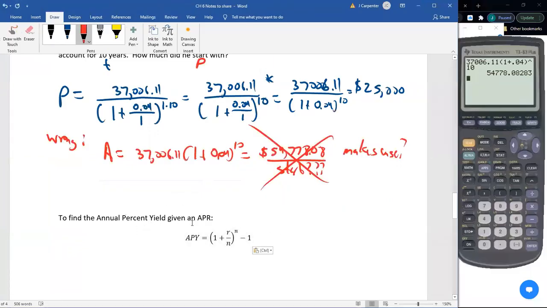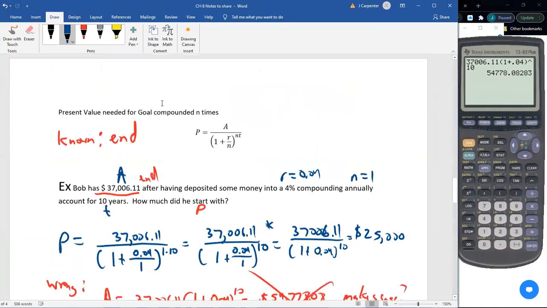To find the annual percent yield, which we've called APY, this is what we call an effective rate. It's the effective rate due to compounding.